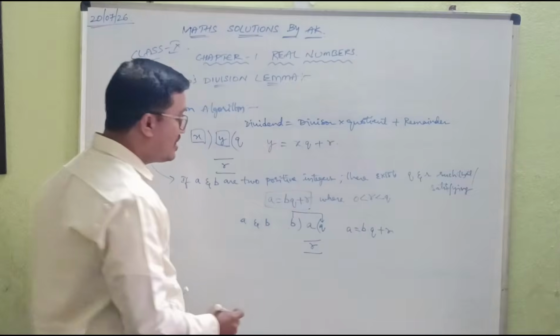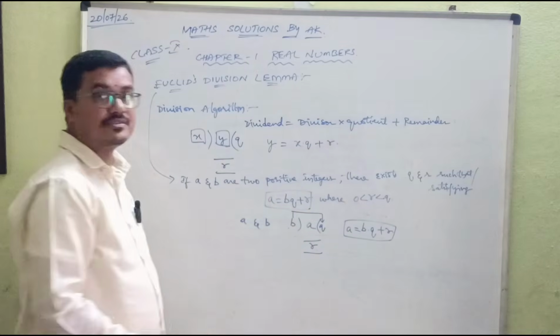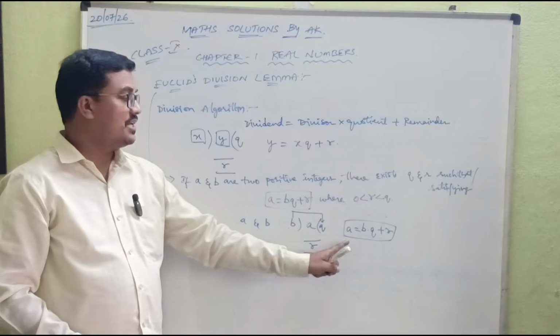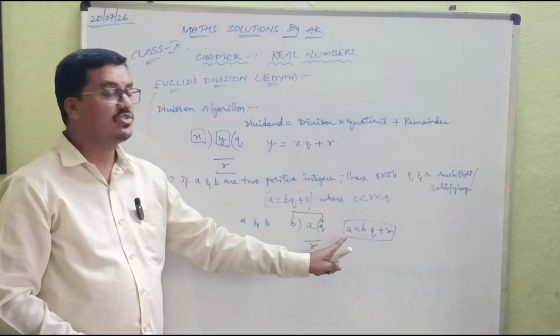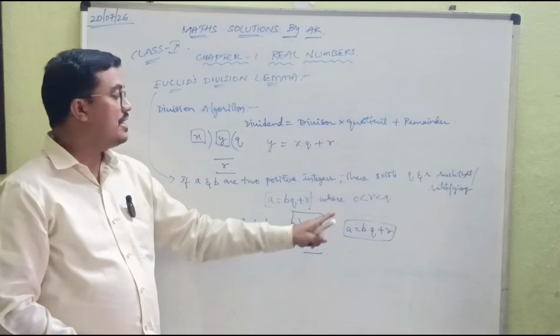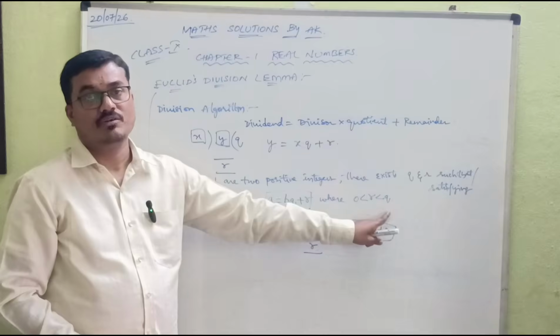Euclid's algorithm is nothing but a quite old concept which you have learned in your primary classes. So don't think that it is a newly introduced concept. Just remember a is equal to bq plus r, and your remainder will be between 0 and b.